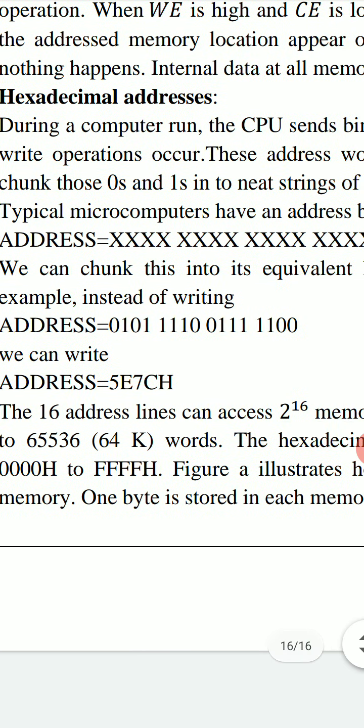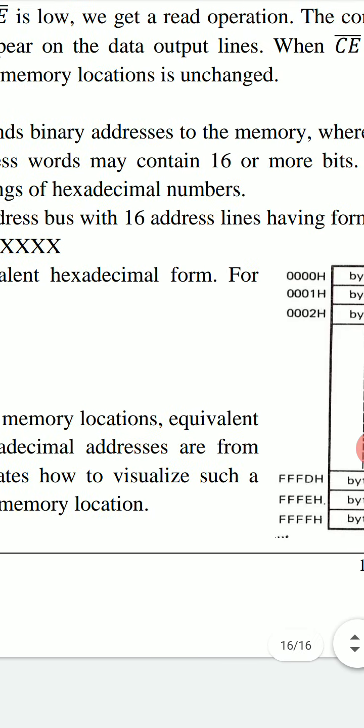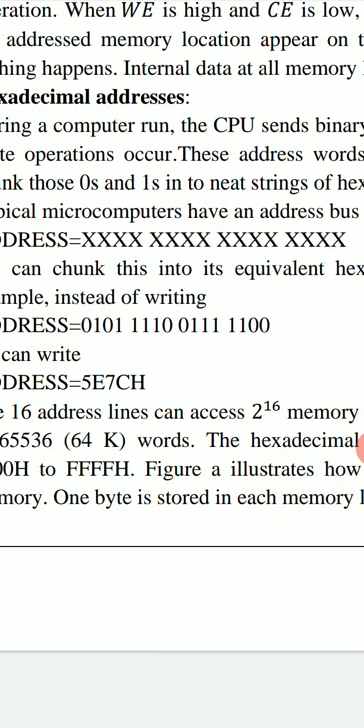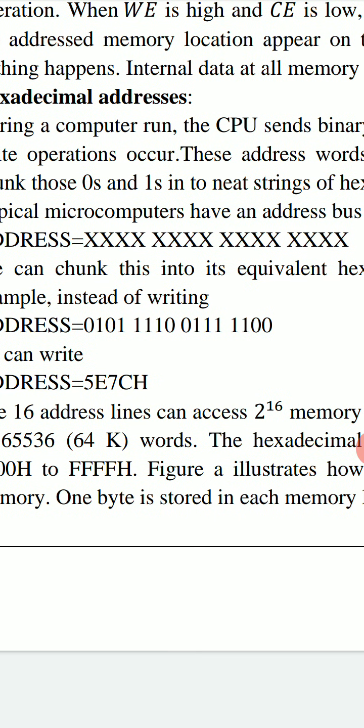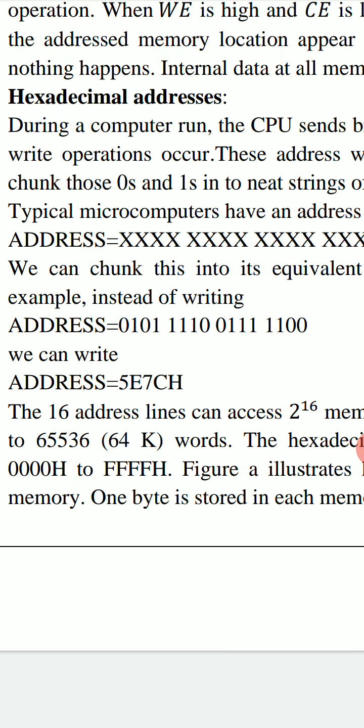We can chunk this into its equivalent hexadecimal form. For example, if we have an address like this, 0101 1110 0111 1100, these are 16 bits, 4 bits 4 times.